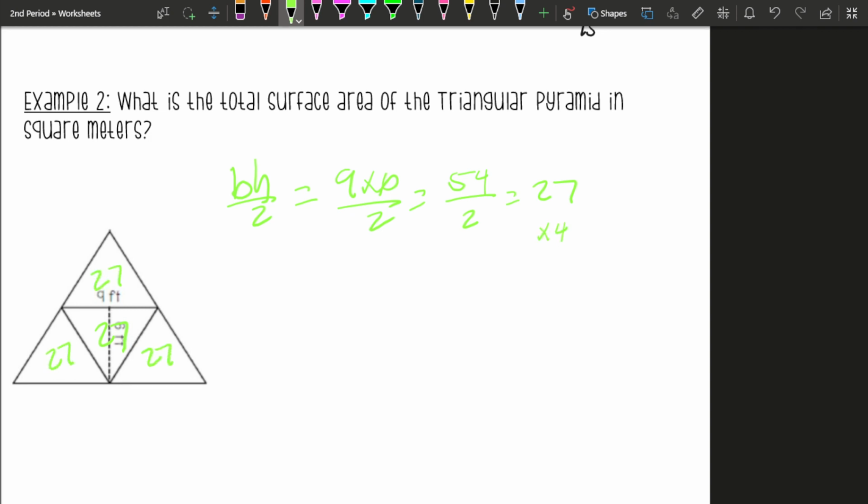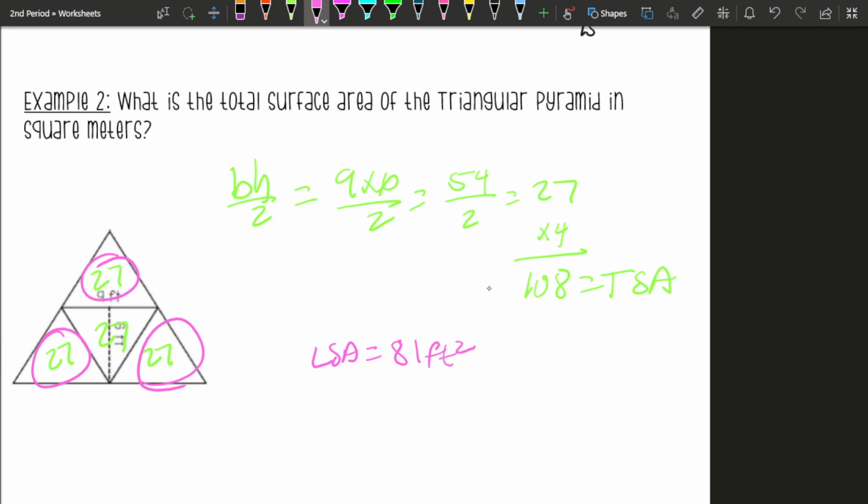So 27 times 4 is what? 108. And this is the total surface area. If you only want the lateral surface area, just add 3 of them. 27 times 3. So the lateral surface area will be 81 feet squared. This is also feet squared.